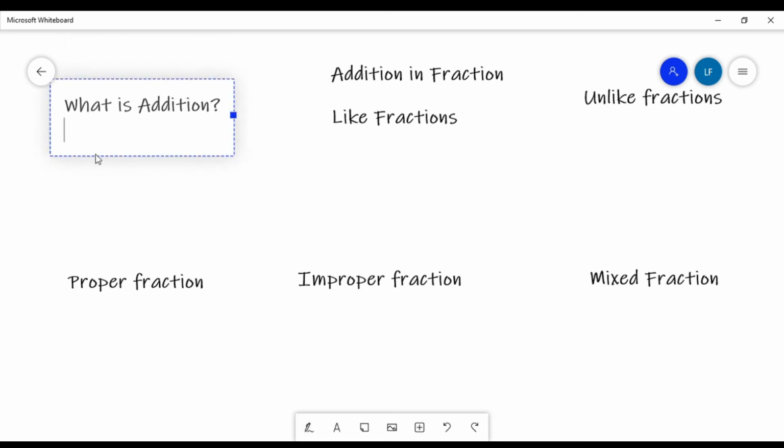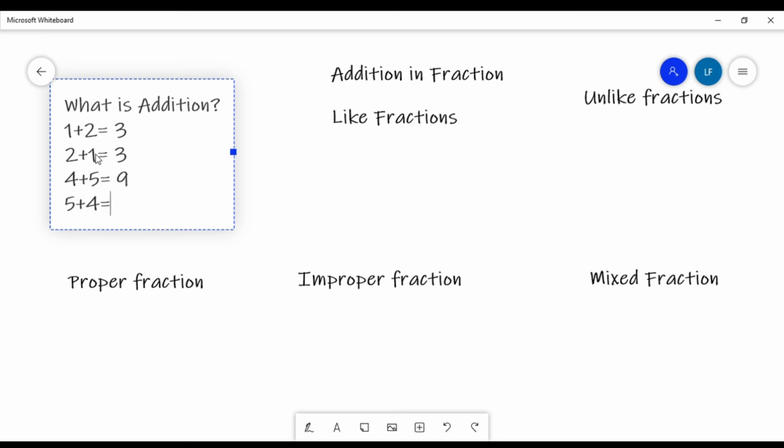Well, addition is the adding of two numbers together. For example, we all know that 1 plus 2 equals 3, and 2 plus 1 equals 3. We know that 4 plus 5 equals 9, and 5 plus 4 equals 9.